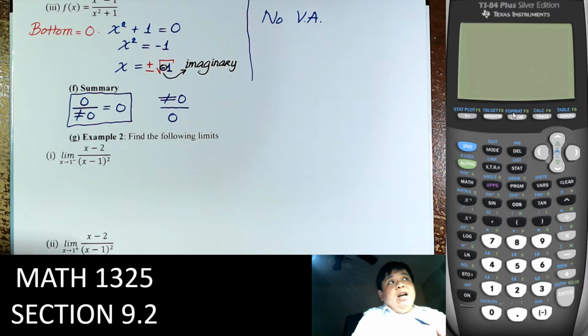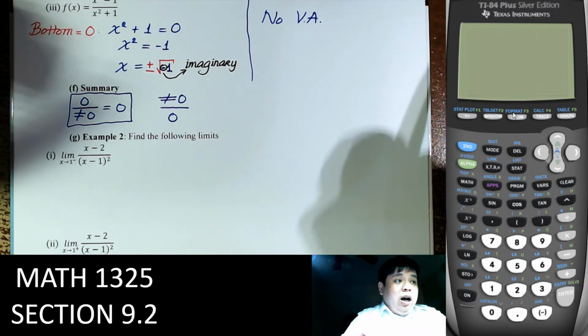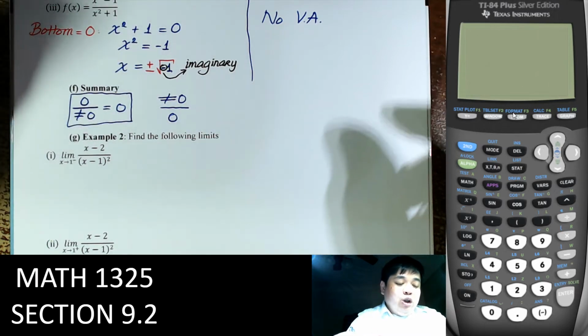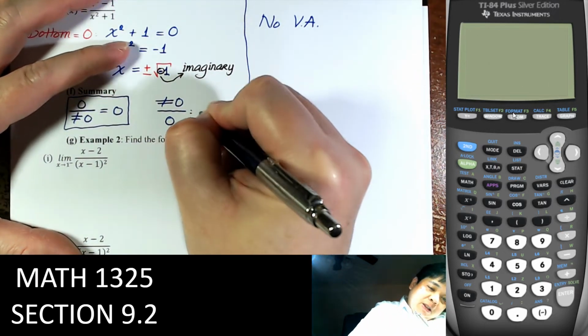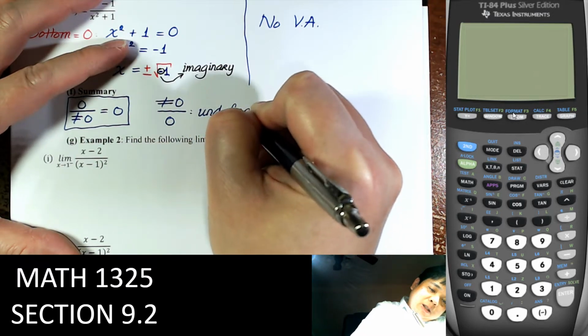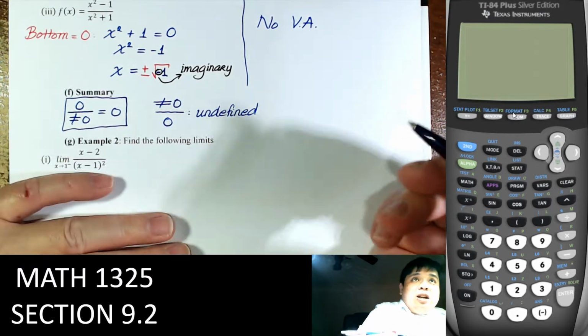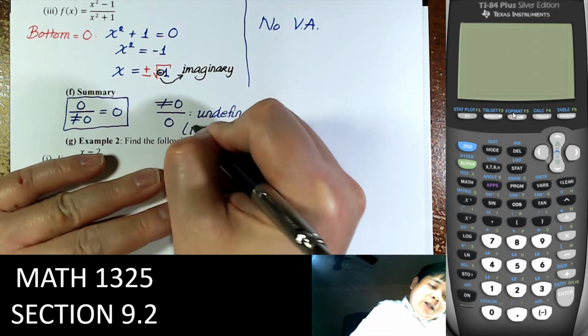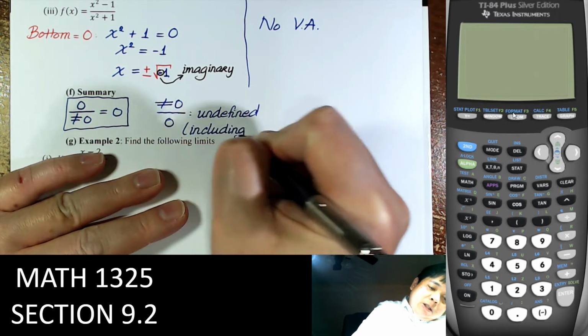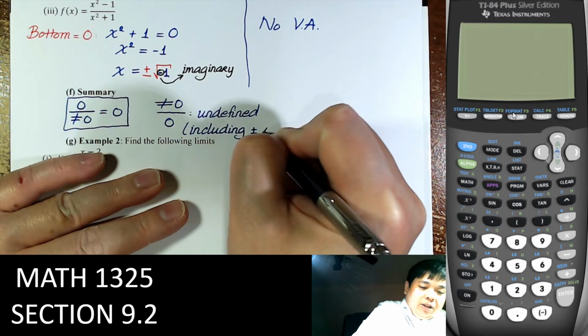By the way, infinity and negative infinity are not really numbers, so those are considered to be undefined. In this case, undefined, including plus or minus infinity.